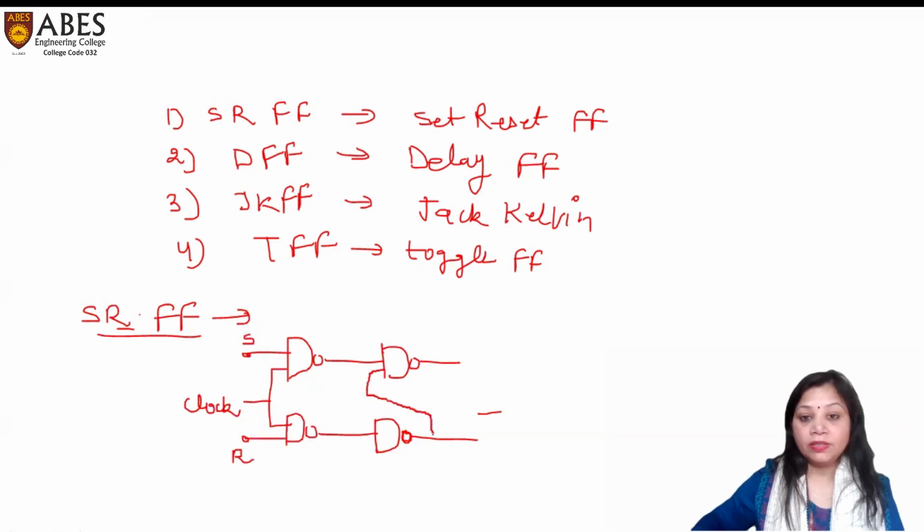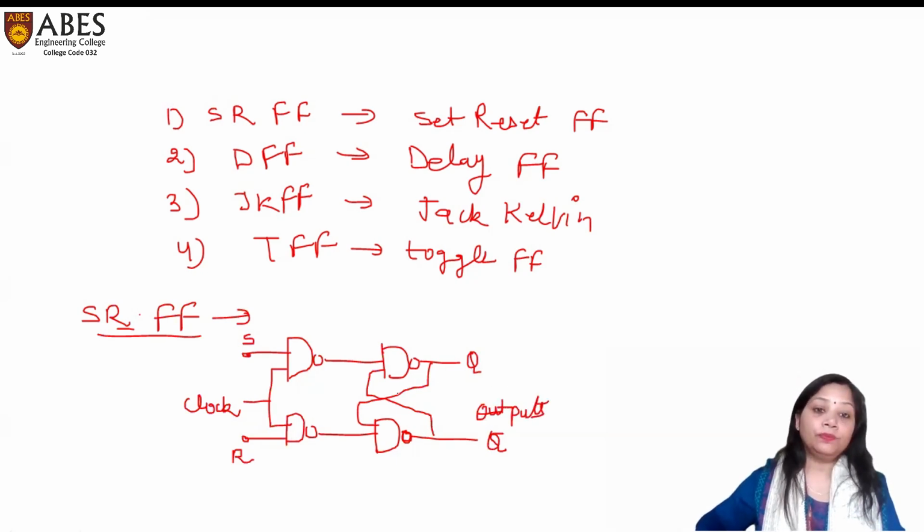And last, we are using here the latch, NAND latch. And the outputs of these two NAND gates are Q and Q bar. These are called outputs. Right? So, now we are making the characteristic table of this flip-flop.